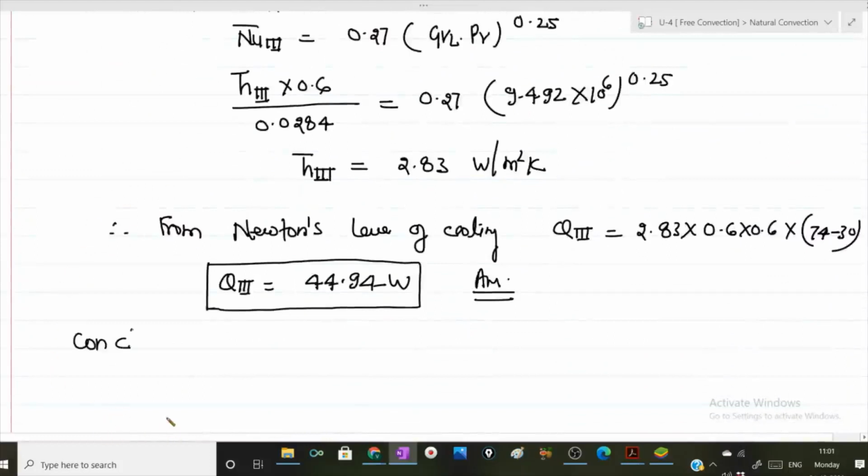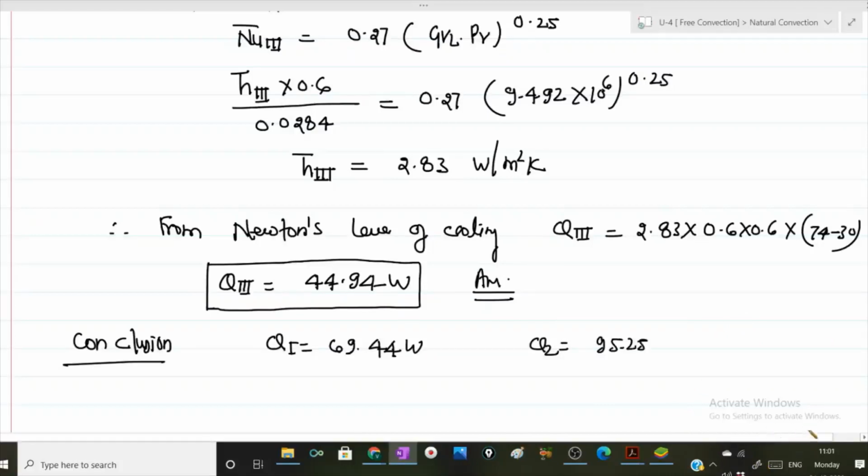So let us give some remark or conclusion. Q1 is 69.44 watt, Q2 is 95.25 watt and Q3 is 44.94 watt.